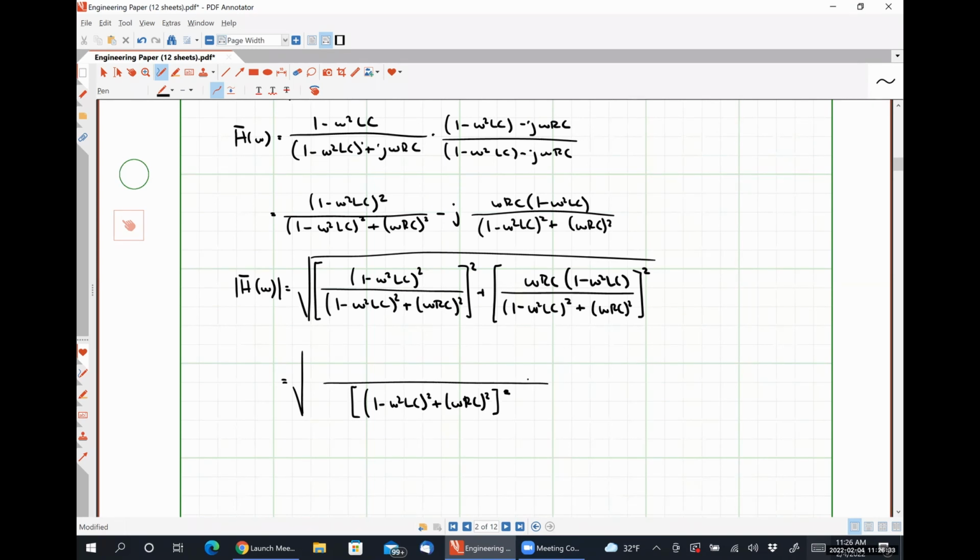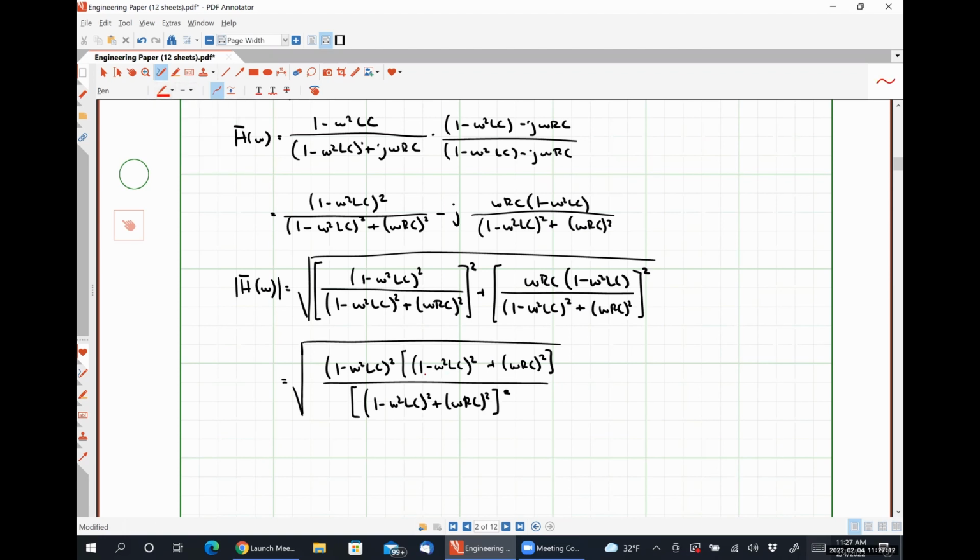In our numerator, we're going to have a factor of 1 minus omega squared LC quantity squared multiplied by, so let's see here, that's to the fourth power. When I take that out, I'm going to have a 1 minus omega squared LC squared plus omega RC squared, like so.